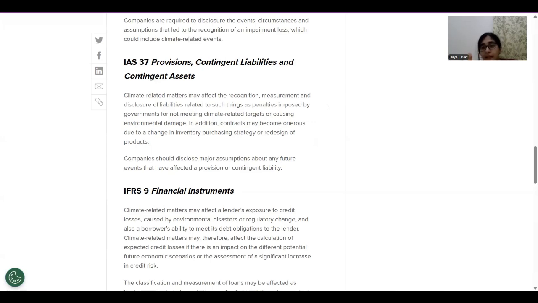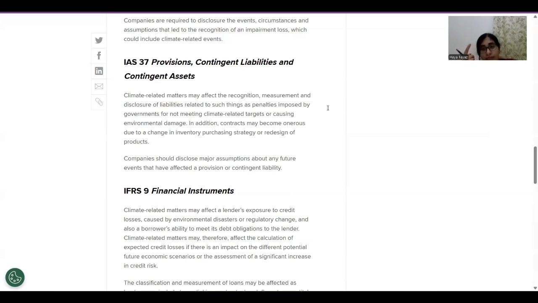You're not going to sell that anymore. So you will have to redesign it according to a technology which is not going to produce carbon emissions. And because the government has banned the technology that you were previously using, that would mean onerous contracts will come up. Onerous contract is another topic under IAS 37, and we have to record that, operating losses will increase and all of that.